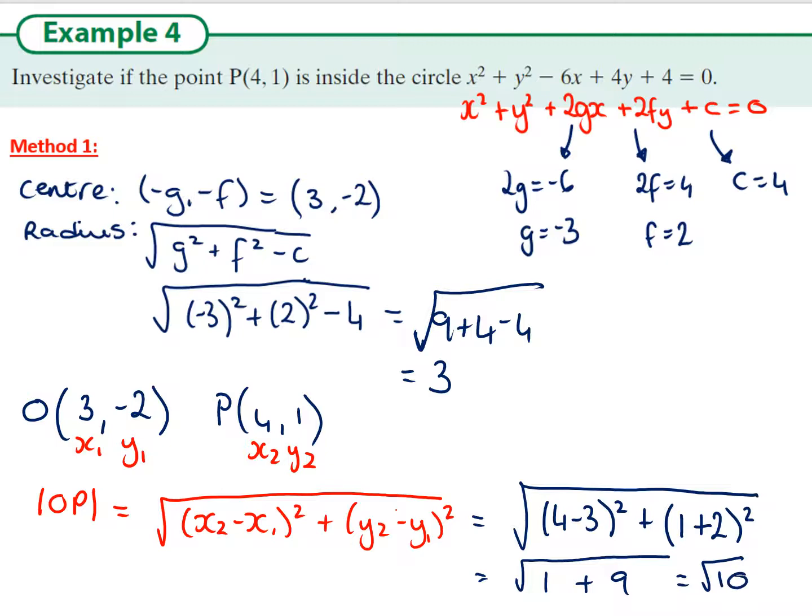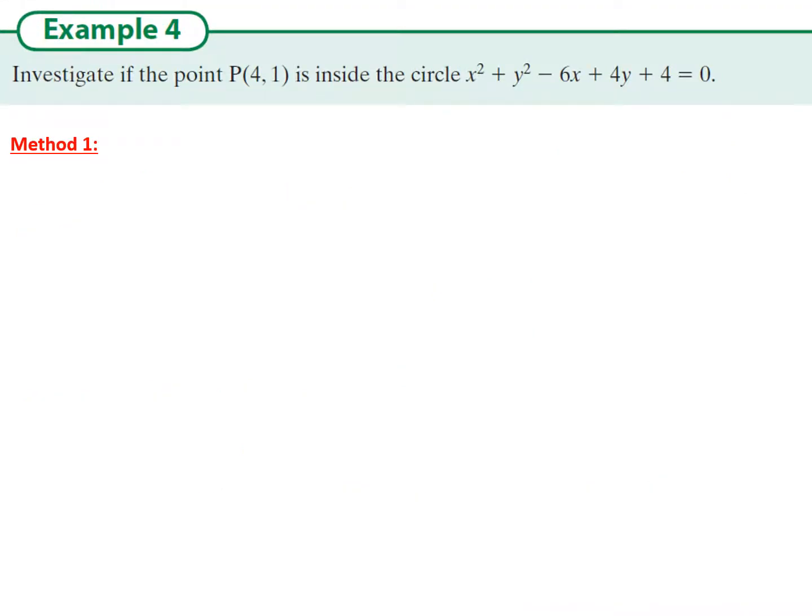So does P lie inside the circle? We have the distance from O to P is root 10, and the radius is 3. I'm just going to clear some space to finish off this question. So we just worked out OP, and we want to compare it to OR.